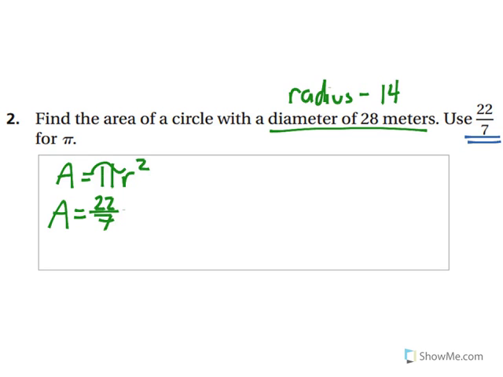So we're going to do times 14 over 1 times 14 over 1. The 7 goes to a 1, the 14 goes to a 2. Then we're just going to multiply 2 times 22 times 14, and that gives us approximately 616, and it's going to be meters squared.